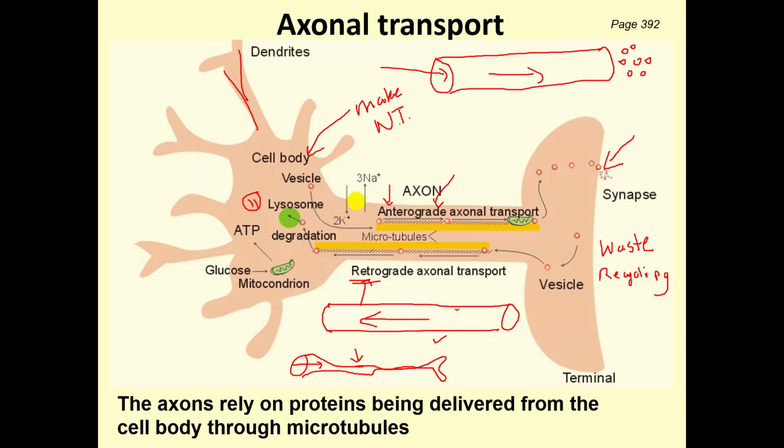And tau is actually a protein that holds your microtubule open and keeps your microtubule healthy and open and ready for business. So if you're missing this protein tau, or if something goes wrong with the tau proteins inside your microtubule, the tubules collapse. And if the tubules collapse, you can't ship anything. If you can't ship anything, you're going to have no neurotransmitter down here. If you've got no neurotransmitter, this neuron does not work, right?